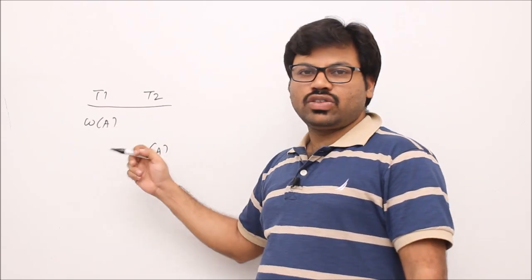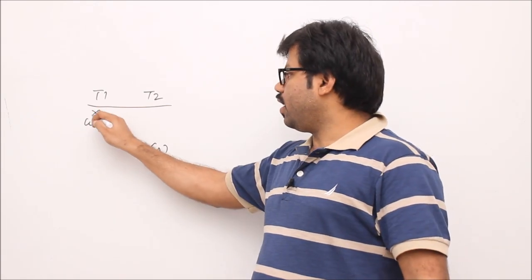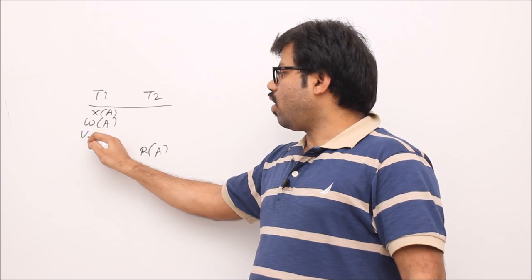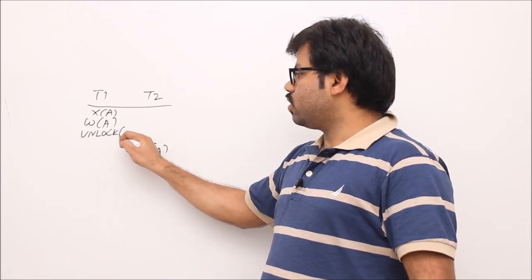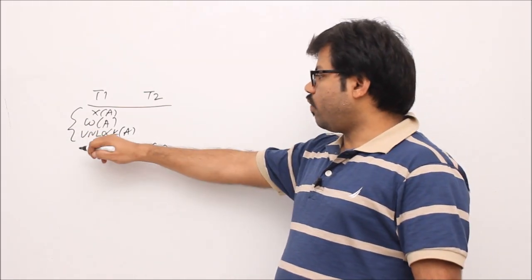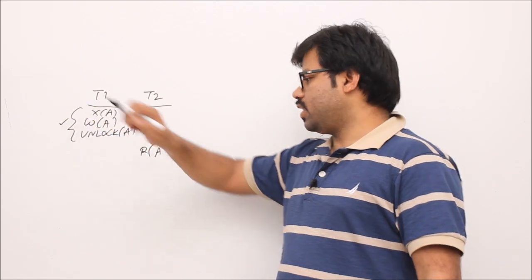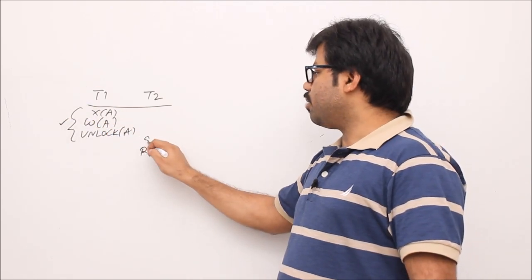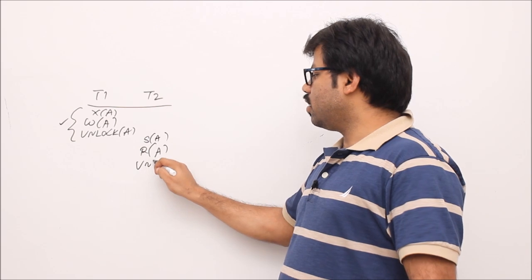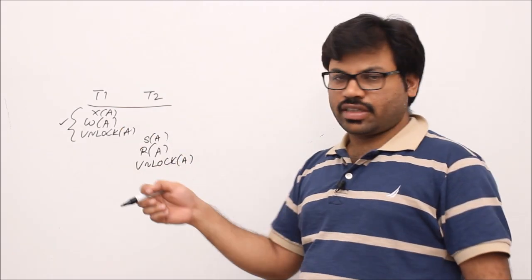In basic 2PL there is no rule that we have to release the lock after commit. So I can simply lock here and unlock here, correct? No one can stop me because this is the basic 2PL technique. After unlock I am not acquiring any lock. Here I simply put a shared lock and release it. So I am following basic 2PL and allowing this schedule.